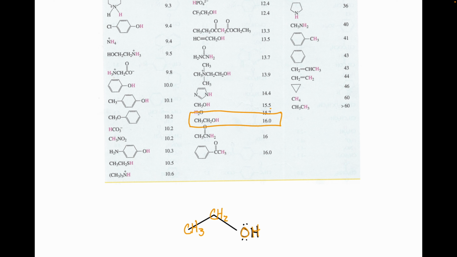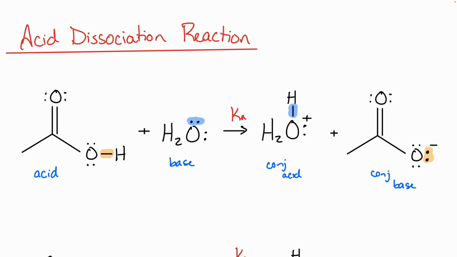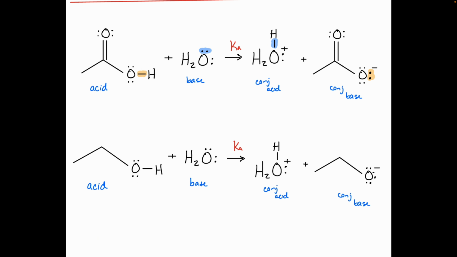Okay, so going back here, just to update, we said our pKa of our acetic acid was 4.8. Our pKa of ethanol was 16.0. And so that means that which one of these is the stronger acid?